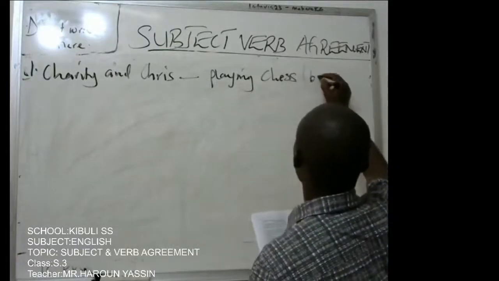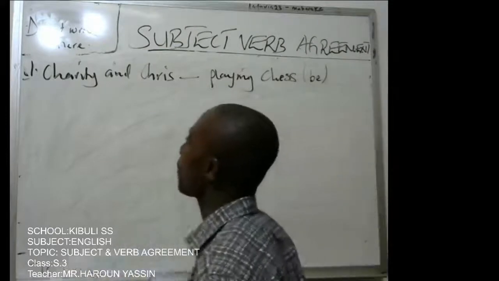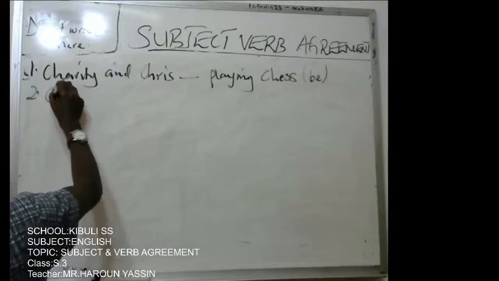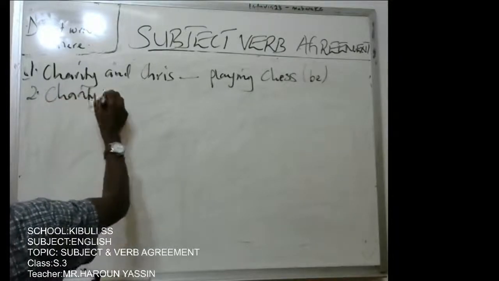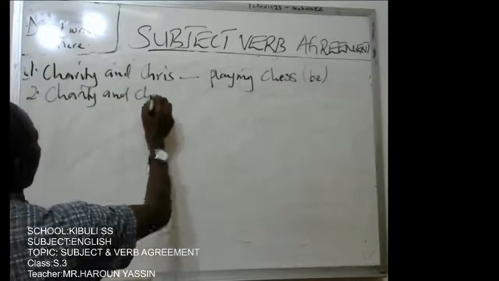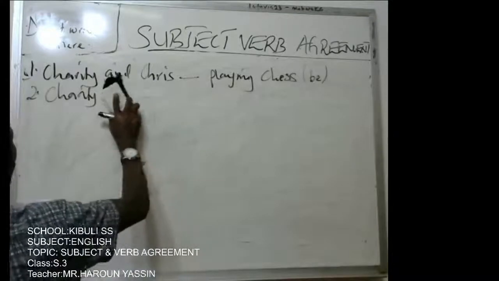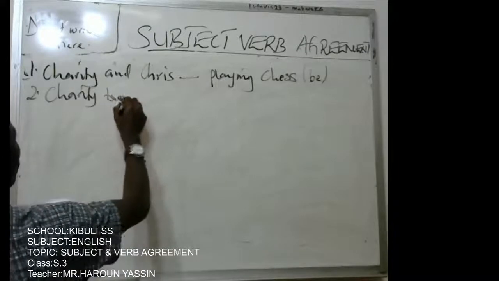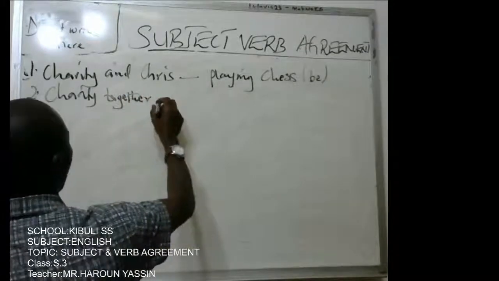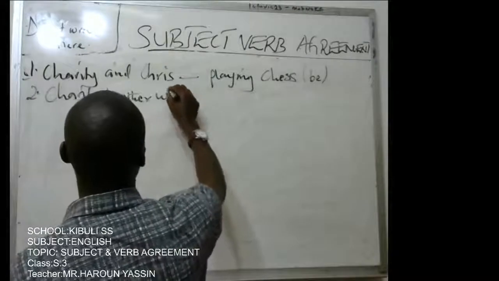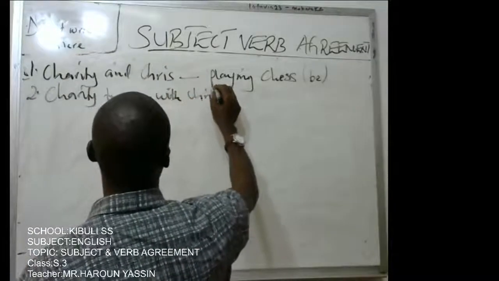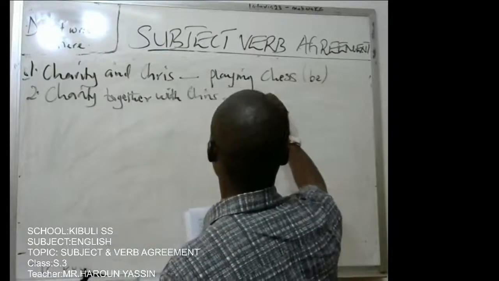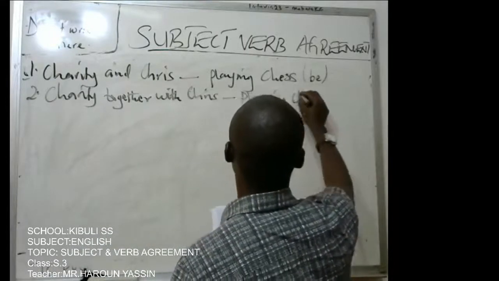The verb we have is the verb to be, and then the same number. Number two: Charity, together with Chris, dash, playing chess.